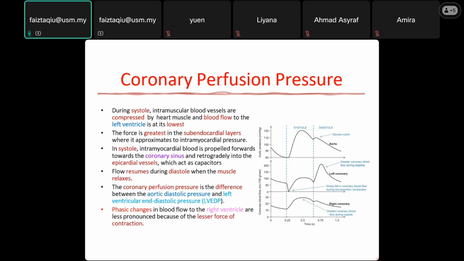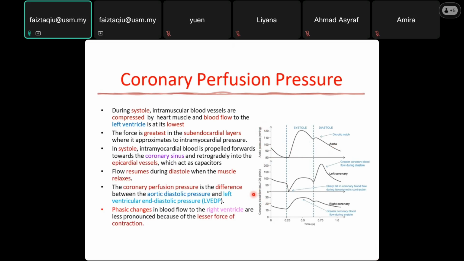So during systole, this is two graphs. The first one has aortic pressure on the y-axis and time on the x-axis, but the one below has coronary blood flow on the y-axis. You have to look at the unit, which is mL per 100 grams per minute.